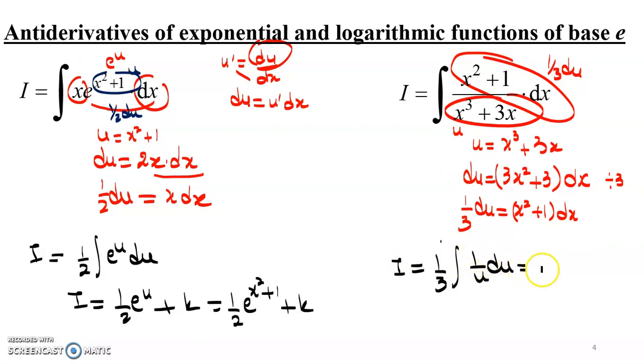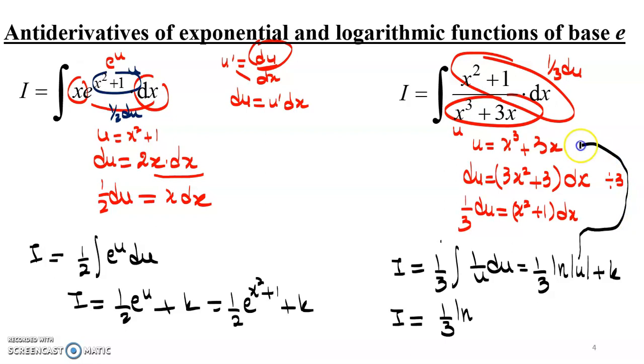Surprisingly, that is the derivative of ln of u, so that's ln of the absolute value of u plus k, which leaves me with I equals 1/3 ln of the absolute value of x cubed plus 3x plus k, since u is x cubed plus 3x, and that is an antiderivative corresponding to this second integral we have here.